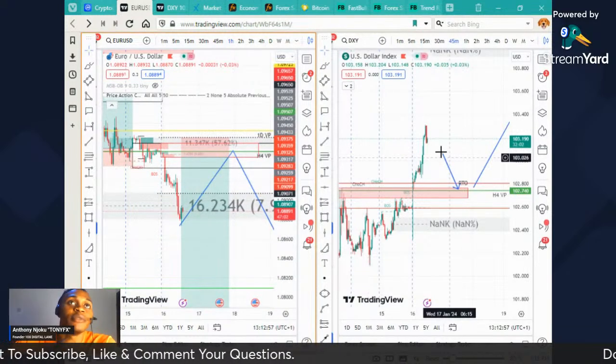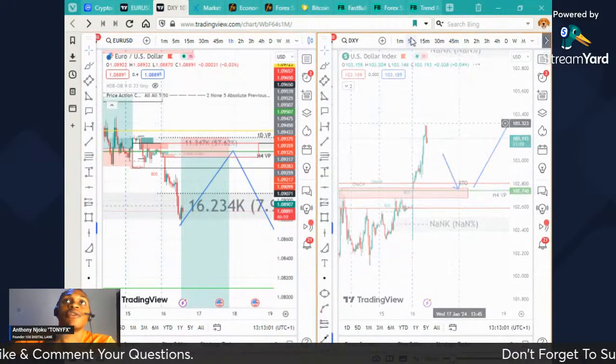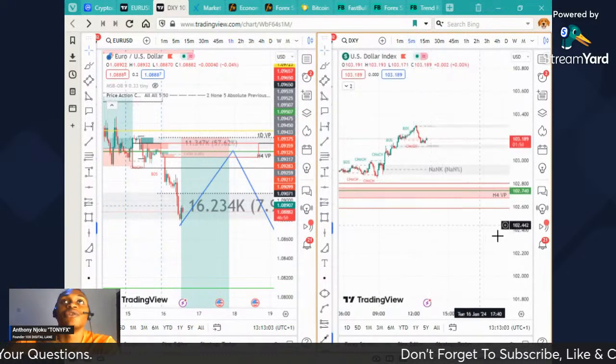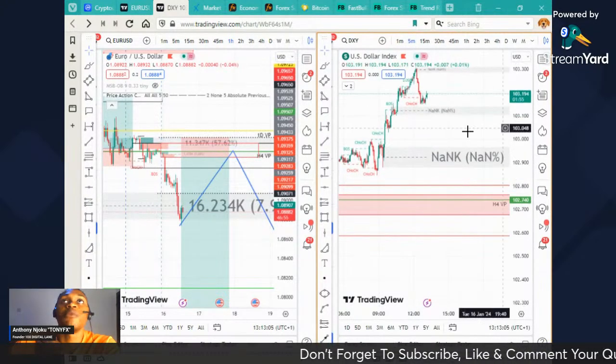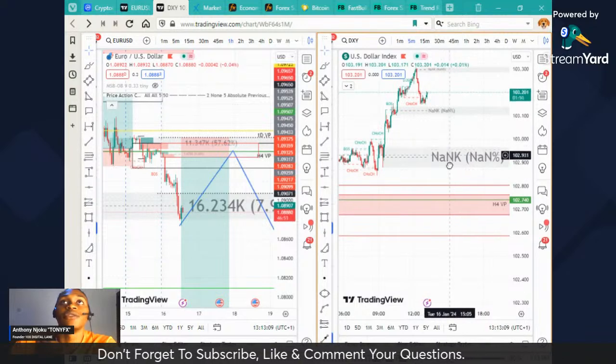From the point where the market is currently, you can see the same reaction is going on in DXY as well.